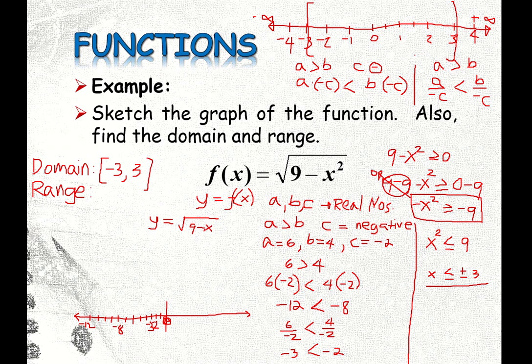If you square both sides, we have y squared equals the square of the square root of 9 minus x squared. The index here, which is 2, and the exponent, which is 2, cancel out, or that's equal to 1. So what is left here is 9 minus x squared.